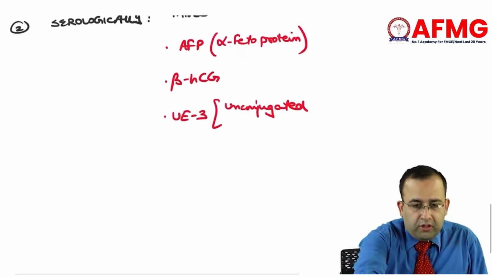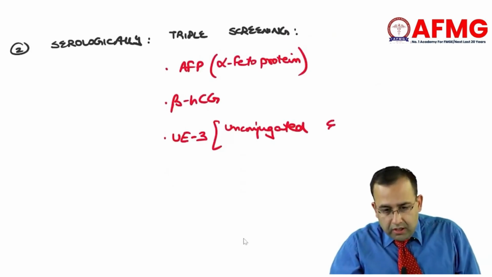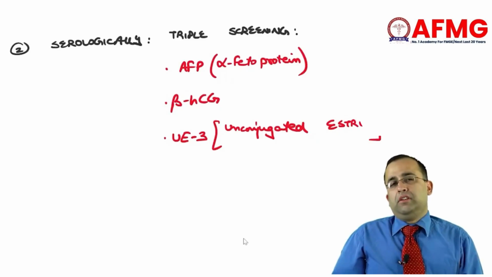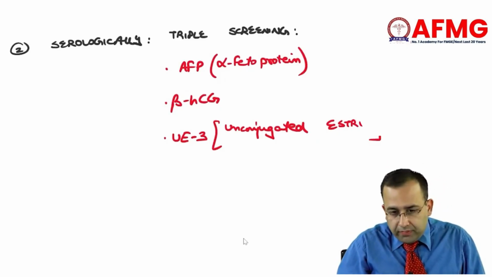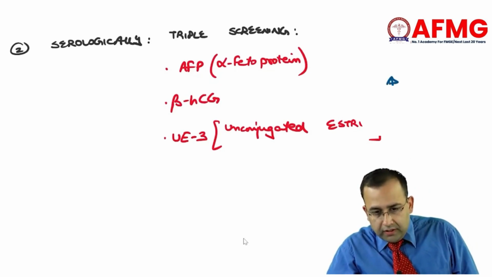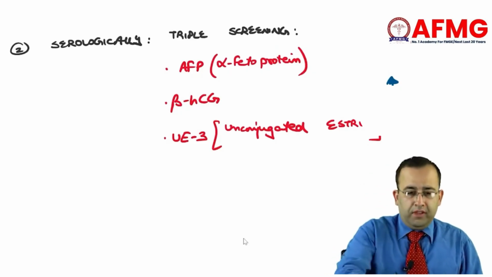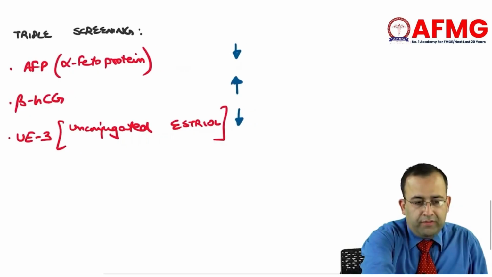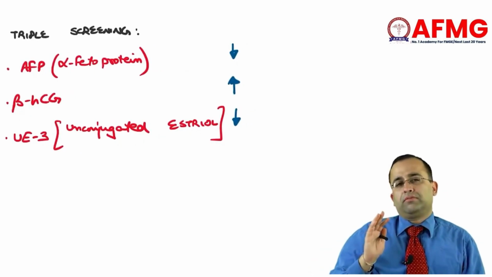In Down syndrome, AFP reduces, beta HCG increases and unconjugated estriol reduces. This is triple screening of Downs.